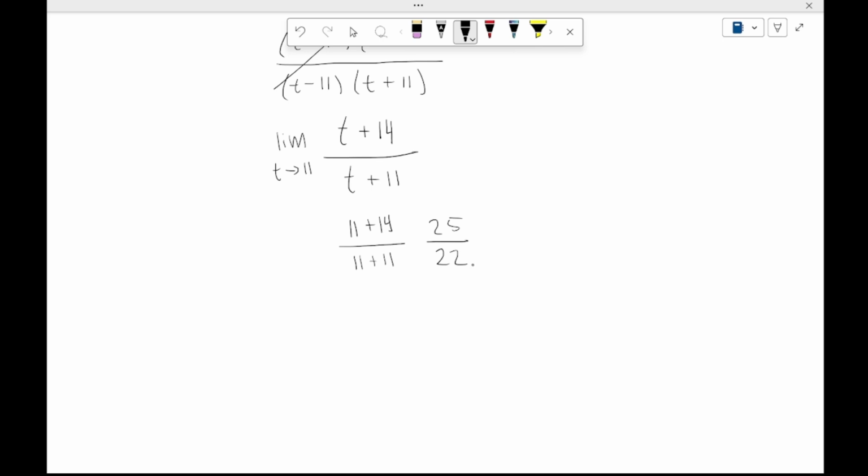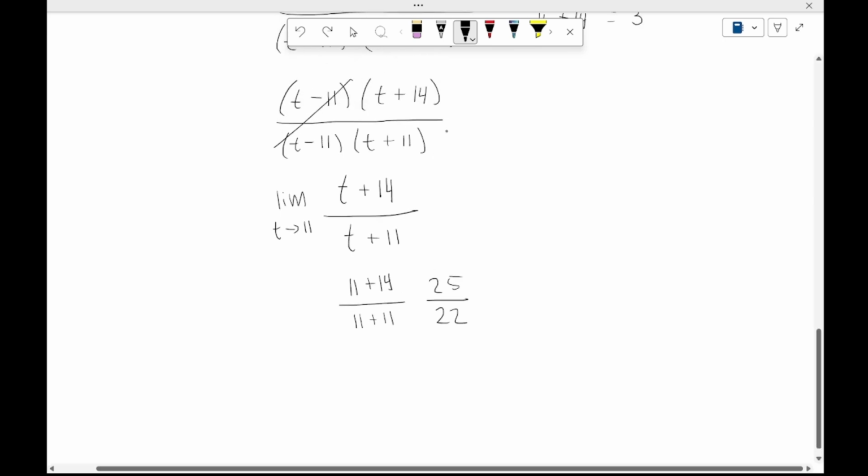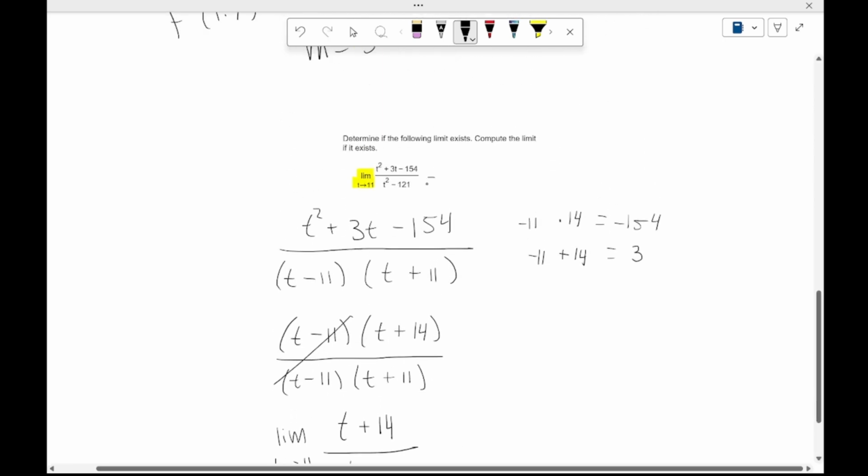Can this be simplified further? It cannot. So the answer to this question is found right here, 25 over 22. And that's the acceptable form, as a fraction, not as a decimal.